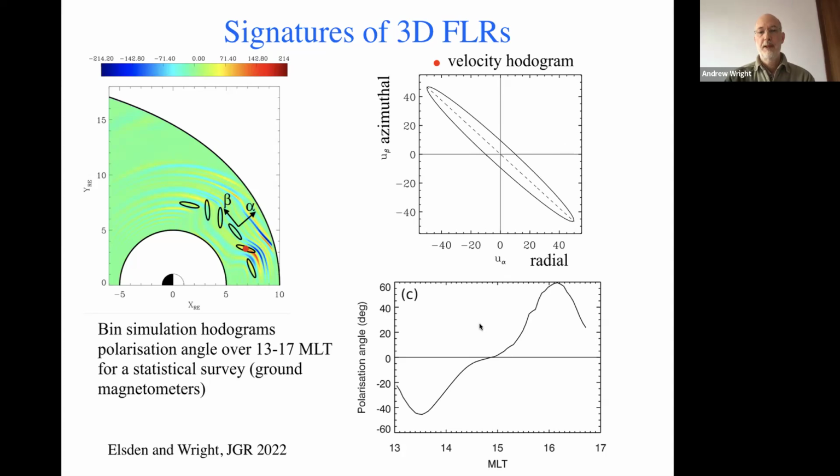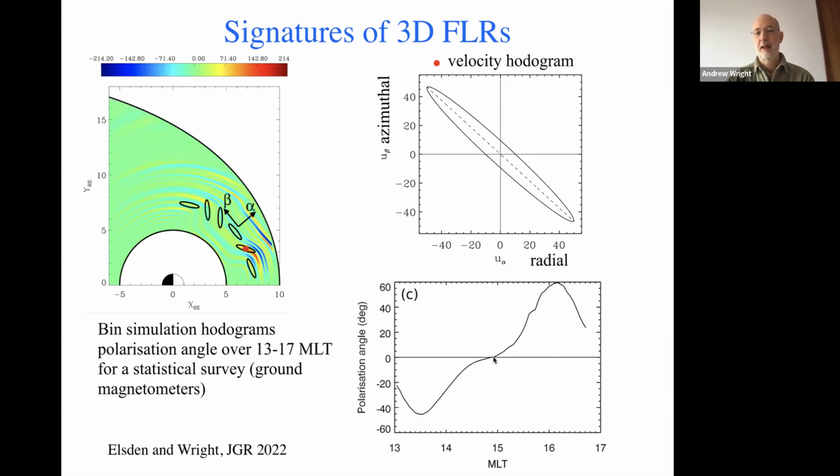Another way would be we took the simulation results here, and we just worked out for each point the polarization angle, that's to say the angle of the major axis of the ellipse here to the toroidal direction. We binned it in local time, and we got these results here. So as you move from noon through the afternoon, you cross the plume and the polarization ellipse tilts one way.